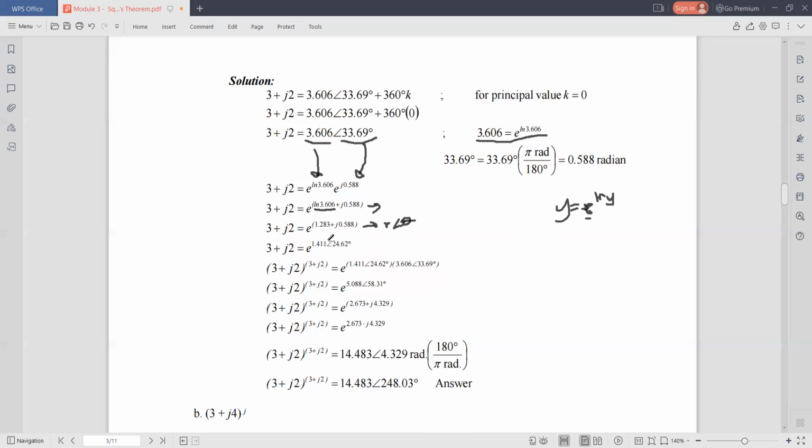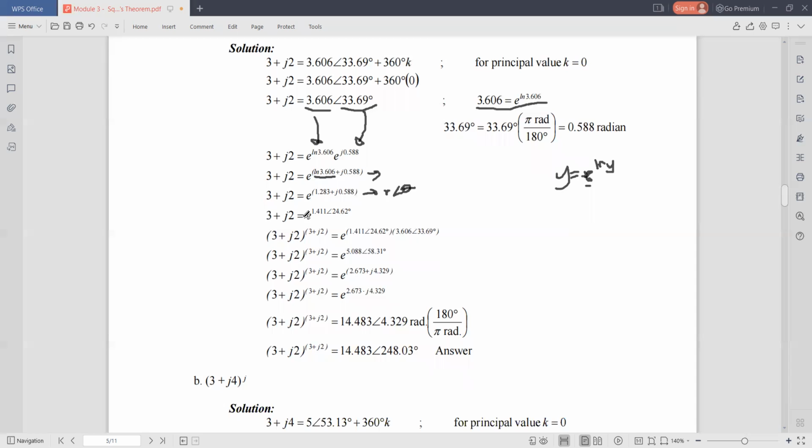Okay, so ito na yun. I-substitute natin ito sa exponent natin. For your magnitude na 3 plus j2 dito, ko-convert natin siya into exponential.